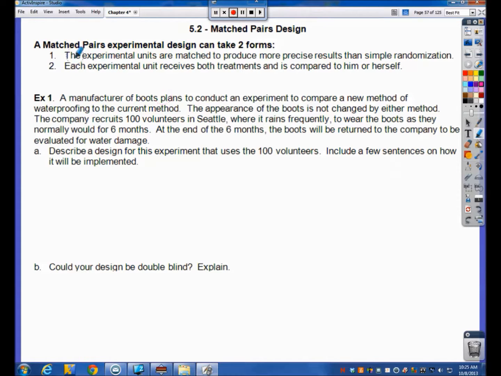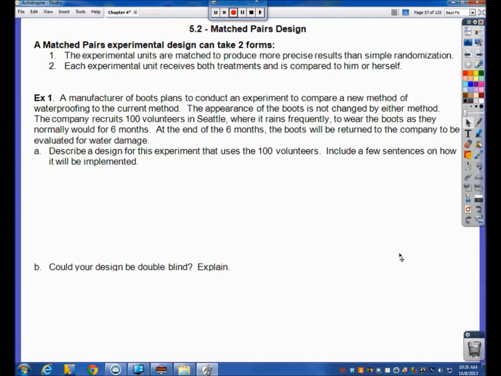Now, the first one where they said the experimental units are matched to produce more precise results than simple randomization. What that means is we have, say, two individuals, you and someone pretty similar to you in terms of specific characteristics, and it depends on the context of the problem.